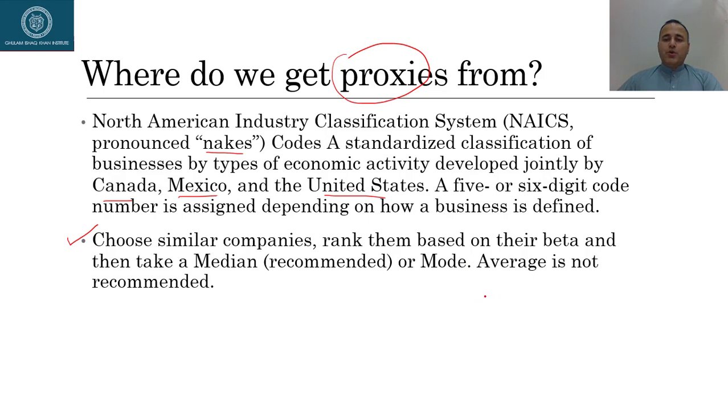So suppose you finally chose 5 different companies, and let's say the betas are: company number 1 is 1.20, this one is 1.25, this one is 1.37, and this one is 2.49. I'm taking this extreme value for a reason. I'll explain the reason why.